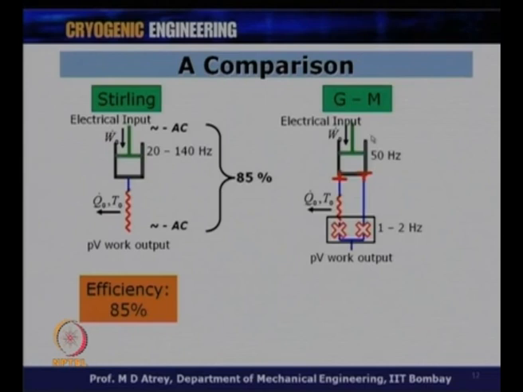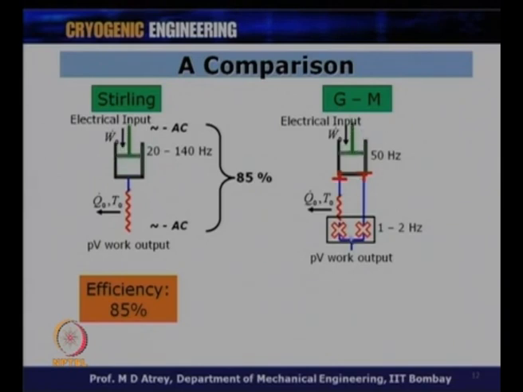If I compare this with the GM cryocooler, you can understand I am giving an oscillating input over here, but then I have a DC here. I have an HP line and an LP line, high pressure line and low pressure line, which we can compare with direct current. There are no oscillations in this case. Whatever input has come to this piston has been converted from AC to DC.